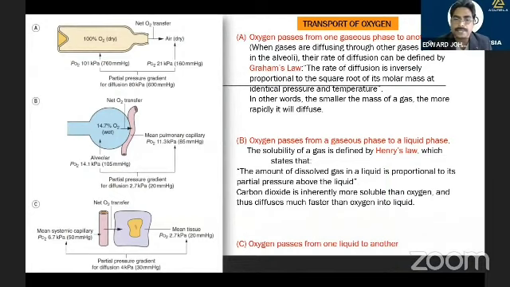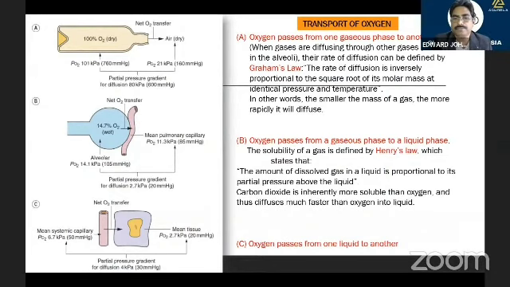When it is raised to 100 mm of mercury, the dissolved oxygen rises to 0.3 ml. So the dissolved oxygen depends upon the partial pressure of the gas above the liquid. Carbon dioxide has a high solubility coefficient and dissolves 20 times faster than oxygen.